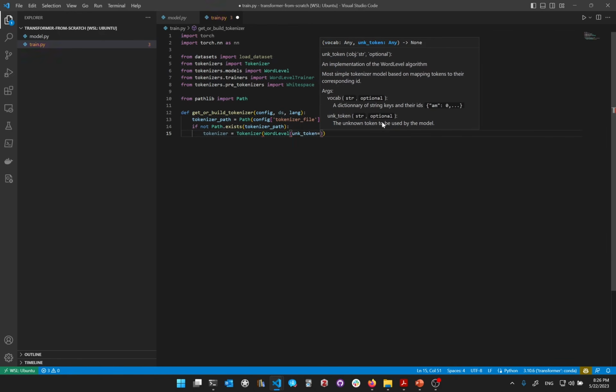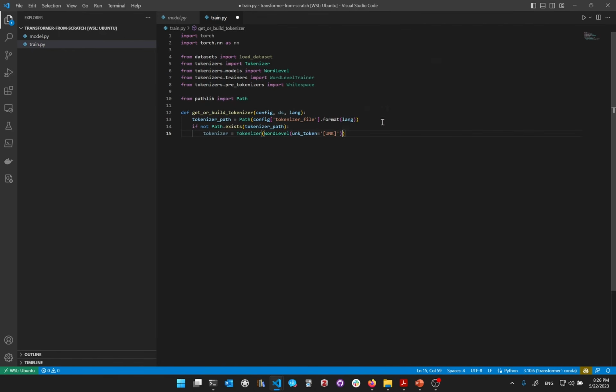And we will also introduce the unknown word. So what does it mean? If our tokenizer sees a word that it doesn't recognize in its vocabulary, it will replace it with this word, unknown. It will map it to the number corresponding to this word unknown. The pre-tokenizer means basically that we split by white space, and then we build the trainer to train our tokenizer.